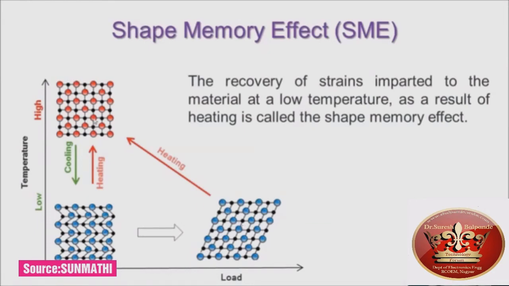So this is the one-way process. Without any load, if you apply the cooling effect, the austenite material does not regain the deformed twinned martensite shape. So this is the one-way shape memory effect.